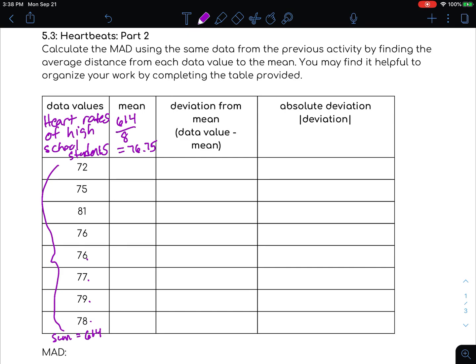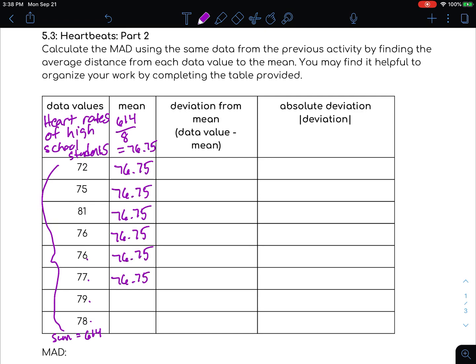So in order to do the MAD, we're going to use a little table to organize our work here. And so all we have to do here first is just write that number all the way down, 76.75. So that is the average heart rate.